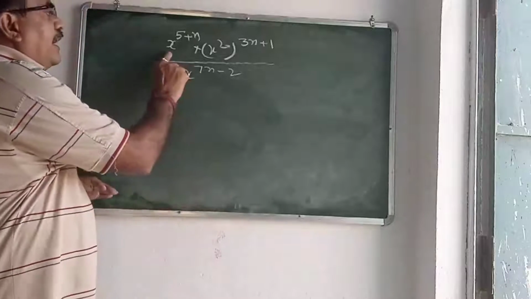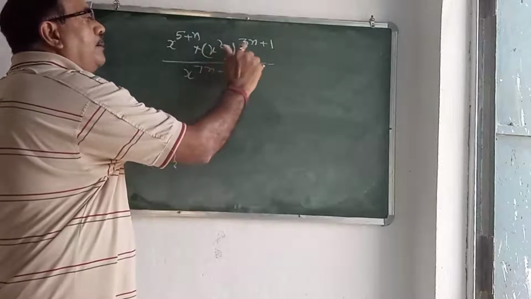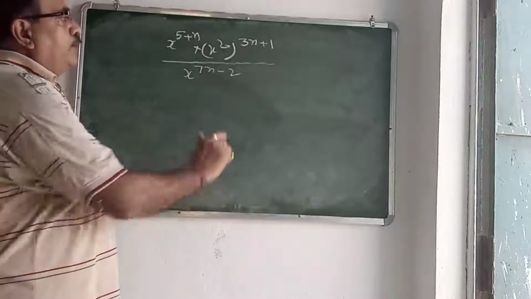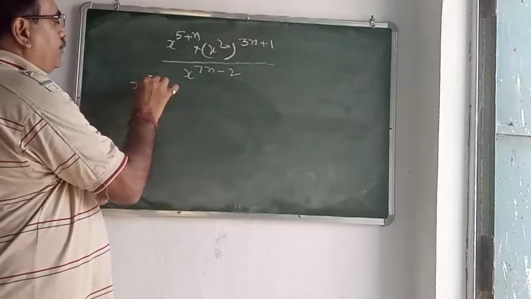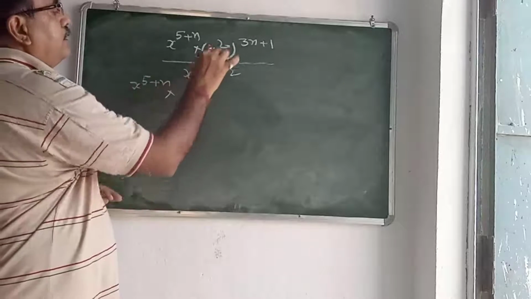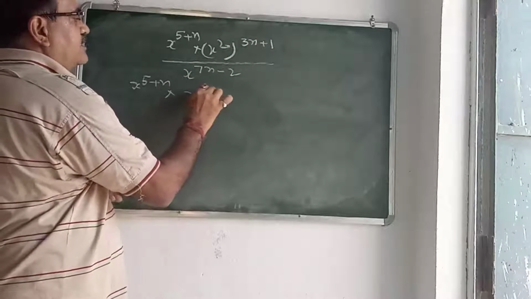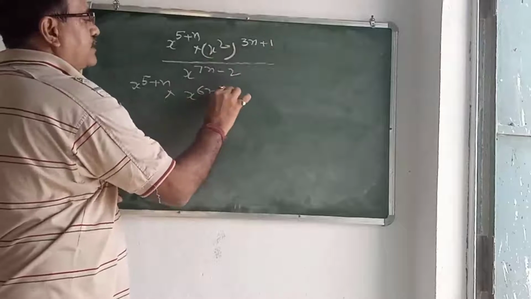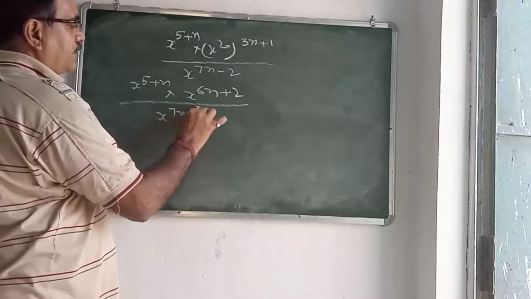See, here x square and their power. So these two powers will be multiplied by using the third rule of exponent. So here x to the power 5 plus n, there x, these two multiplied by this 3n: 6n and 2, plus 1 plus 2, by x to the power 7n minus 2.